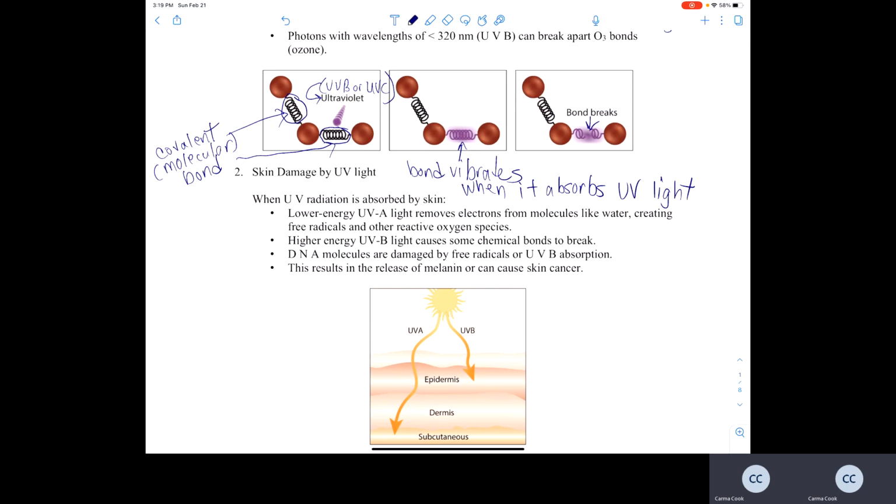Earth. And so when our skin absorbs UVA and UVB, the lower energy, longer wavelength UVA light has the ability to remove electrons from molecules like water in our skin. And that can create species that are called free radicals. So free radicals form when electrons are removed from molecules.